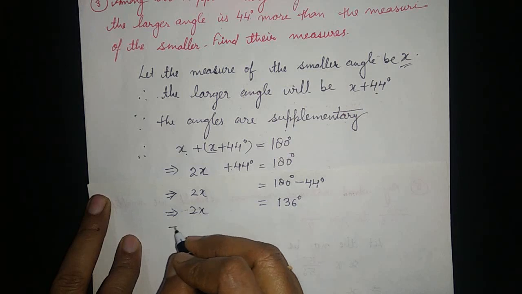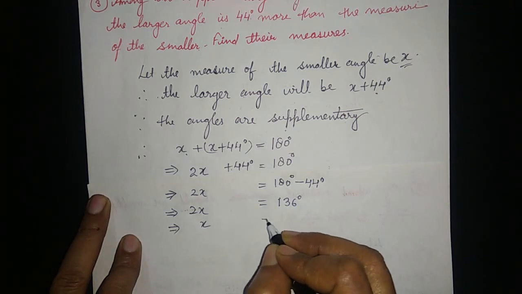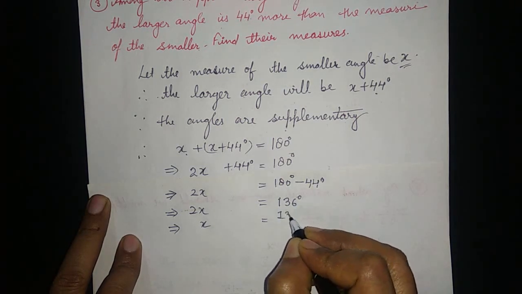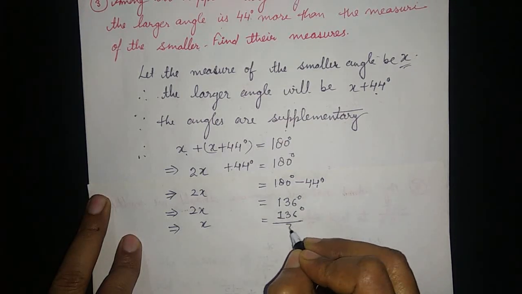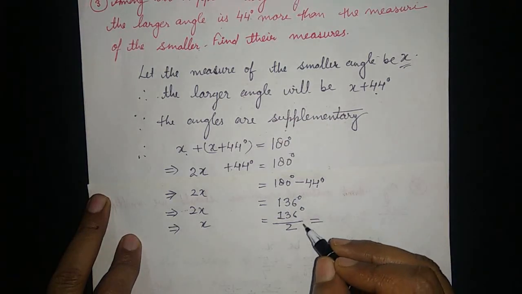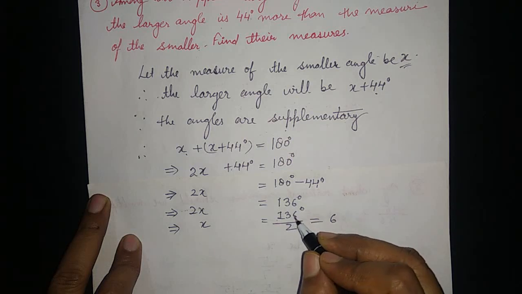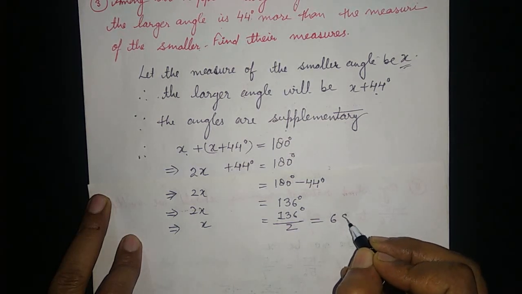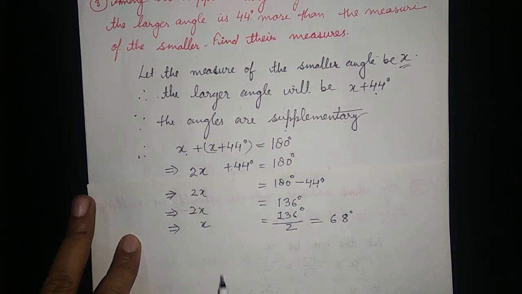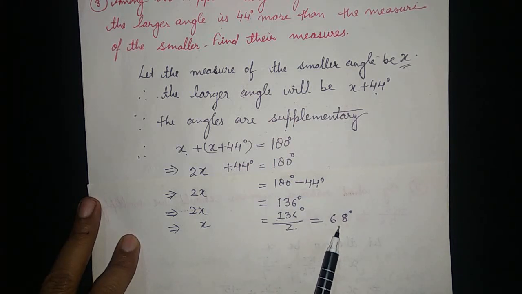Okay. And then x is equal to 136 degree divided by 2, and here 2 6 are 12 and 2 8 are 16. So here x we are getting 68 degree, and this is the measure of the smaller angle.